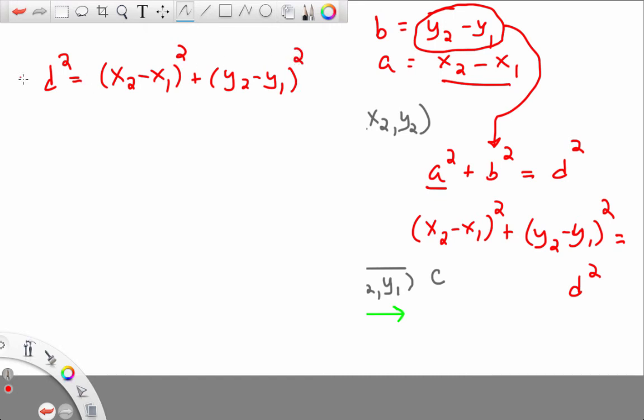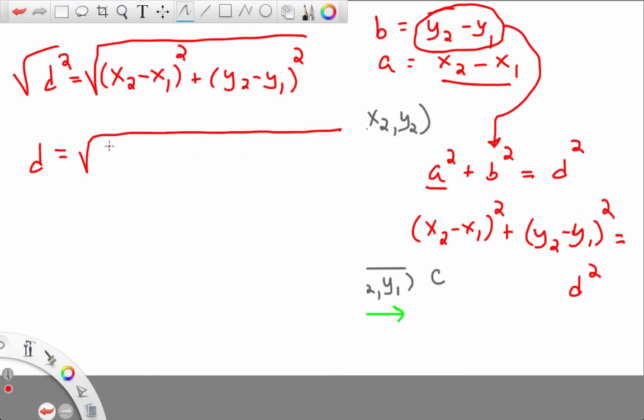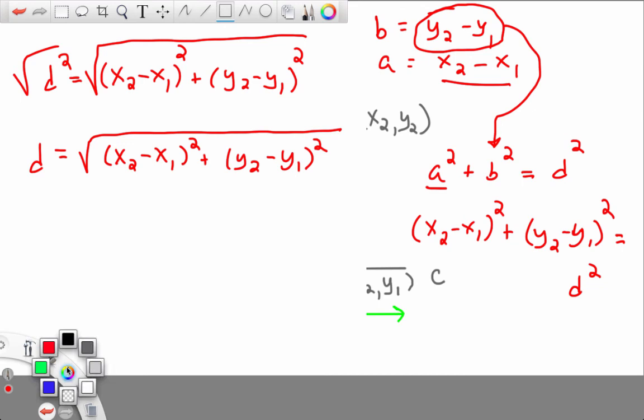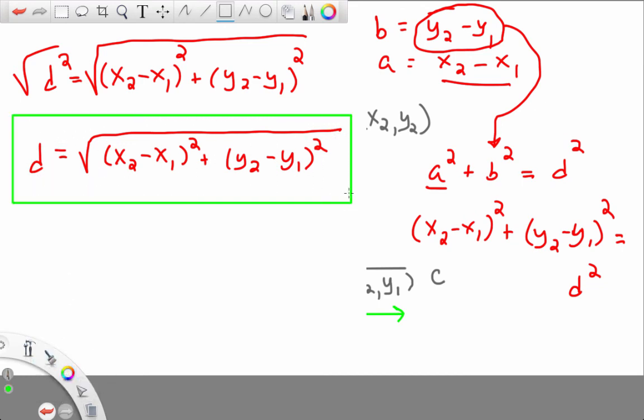And then I'm simply going to take the square root of both sides, and I'm going to be left with d equals the square root of x2 minus x1 quantity squared plus y2 minus y1 quantity squared. And as you know, this is the distance formula, and it is simply a derivation using the Pythagorean theorem.